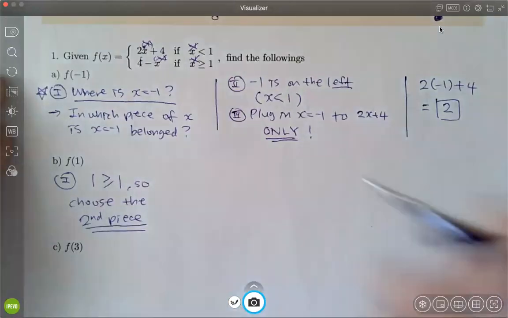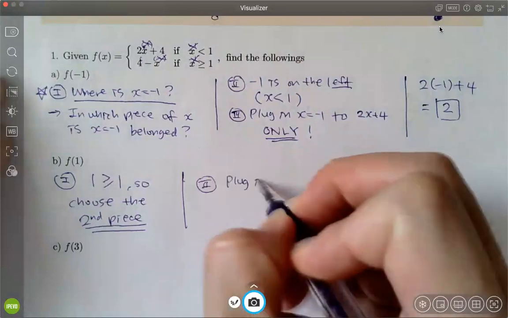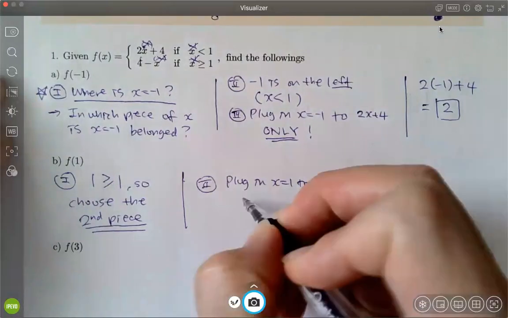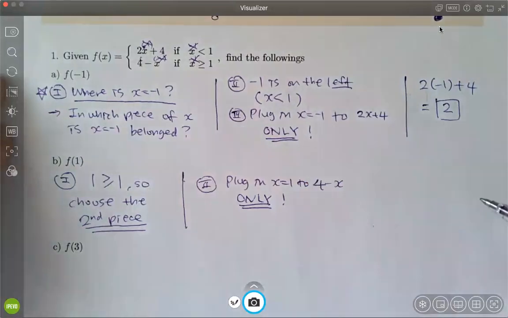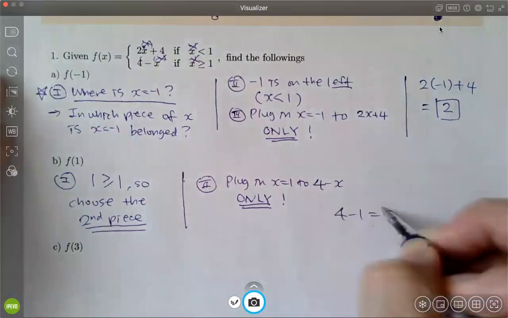What does that mean? We plug in x equals 1 to 4 minus x only. This time we don't touch the top piece because 1 is not less than 1. So 4 minus 1, which is equal to 3.